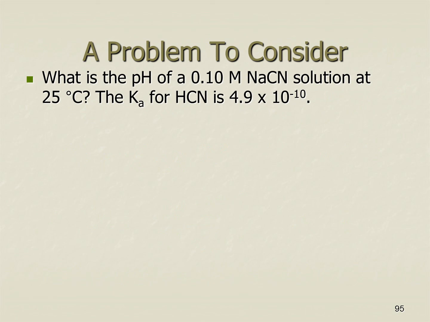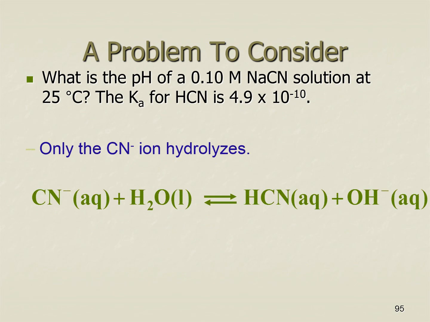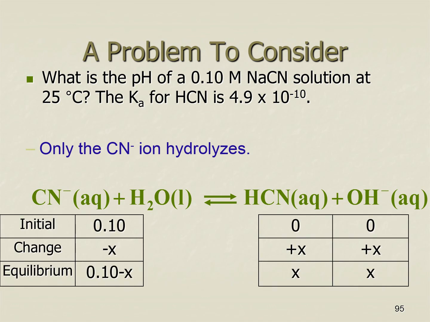All right, so now we know what the Kb is. So here's our hydrolysis reaction. CN negative plus H2O gives us HCN plus OH negative. We know that we can set up our ICE chart. So we know that the 0.1 molar CN negative, we have 0 HCN and 0 OH negative.